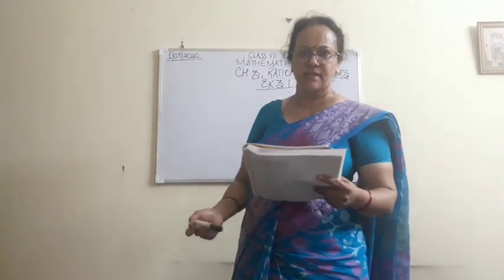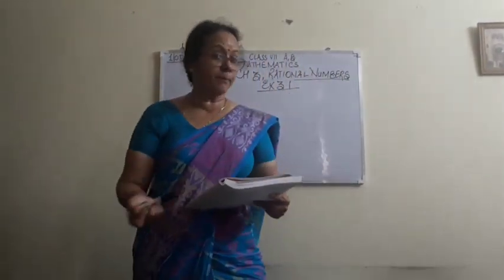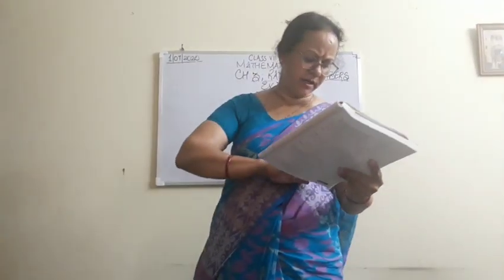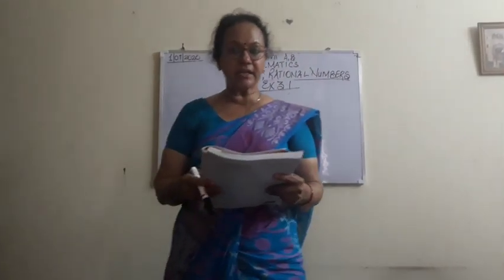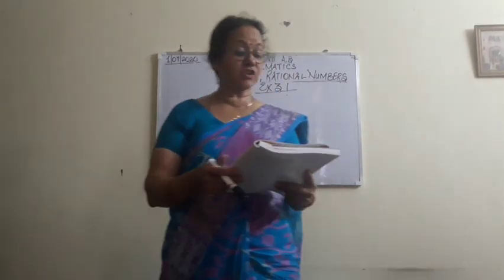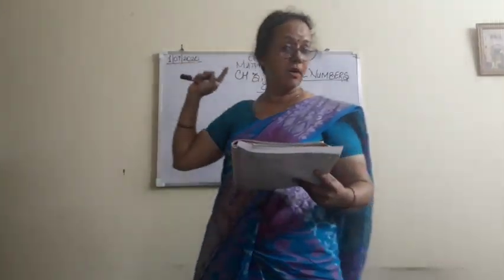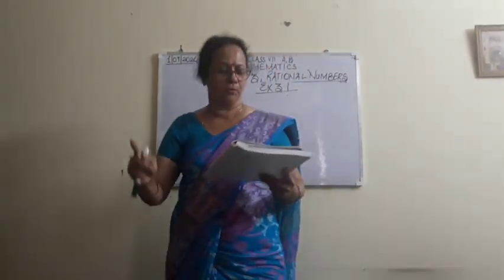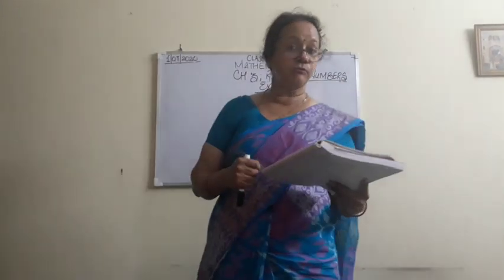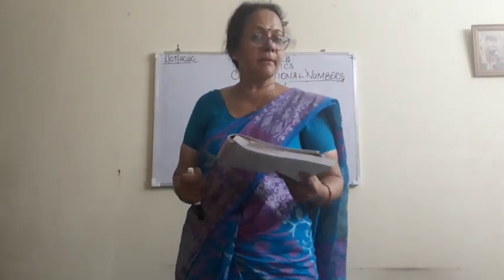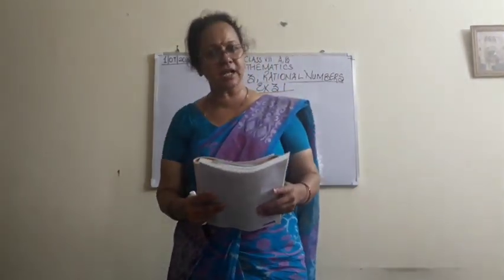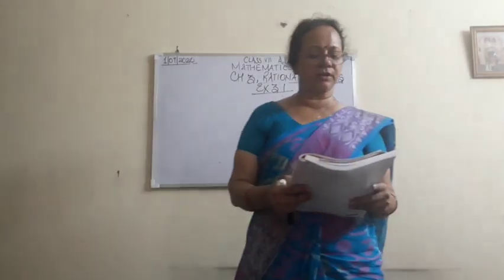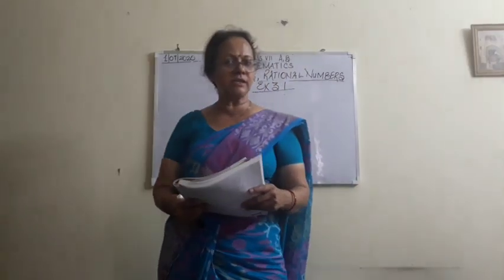Yes, students. Open your book, page number 26. Question number 4. Identify the positive and negative rational numbers. I am not telling it through the board. Positive and negative numbers you know. 4 by 5. What is it? Yes, students, reply. Yes, 4 by 5 is a positive rational number. Good. Minus 7 by 8.